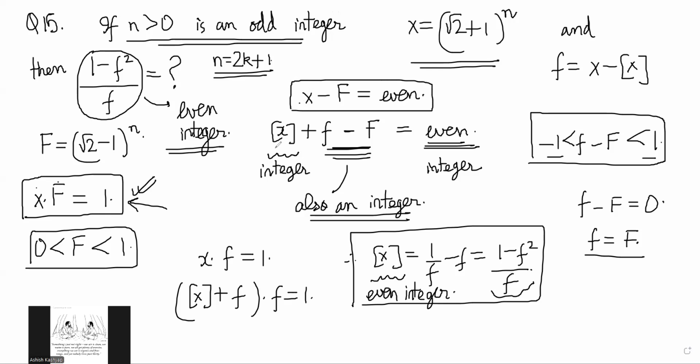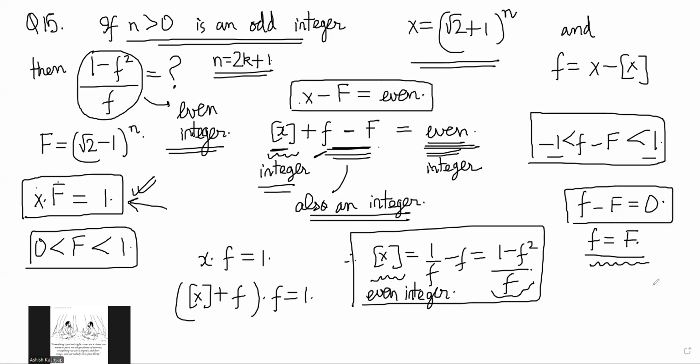And writing x as GIF of x plus small f minus F is even, then because this is an integer and this is an integer, f minus F is an integer. But the value of f minus F can only be between -1 and 1. The reason being that both of them are fractional parts. So that means the only possible integer is 0 and you get f is equal to capital F, right?